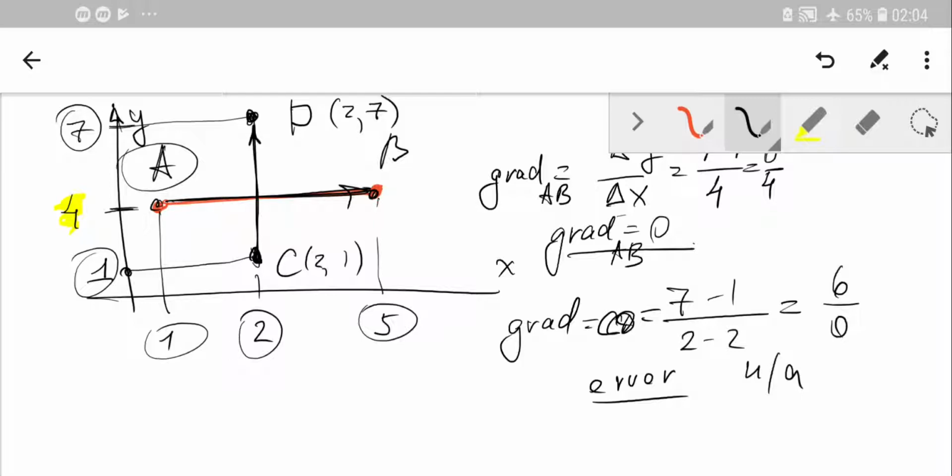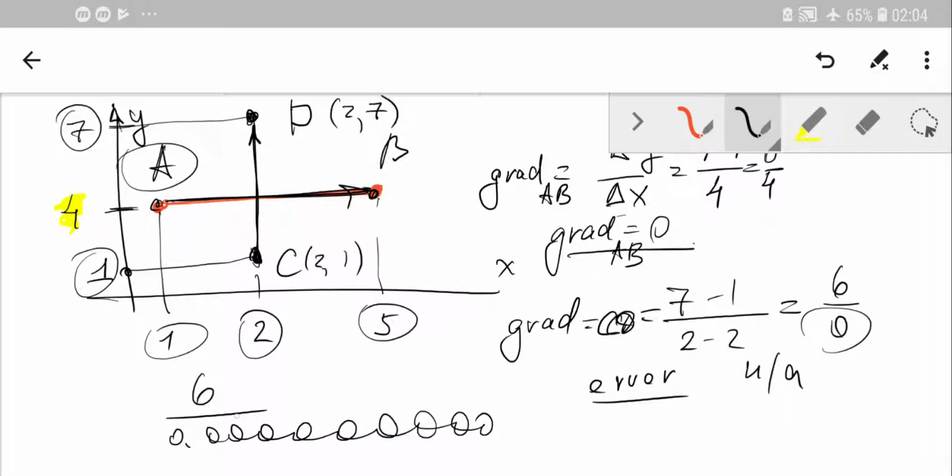For those who understand that if you divide by a very, very small number, I mean very close to 0, you might consider it as a number with millions of zeros, and somewhere in the end is 1. That's actually a number that's almost 0.